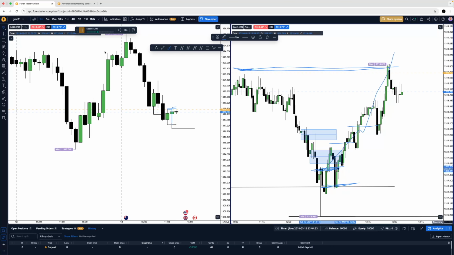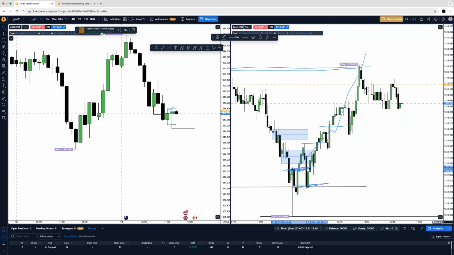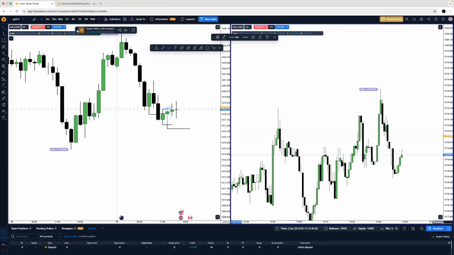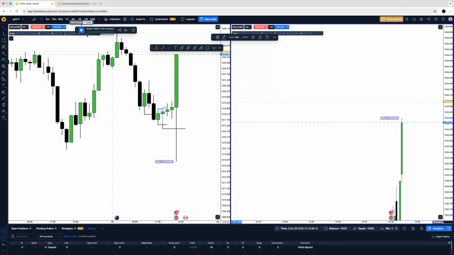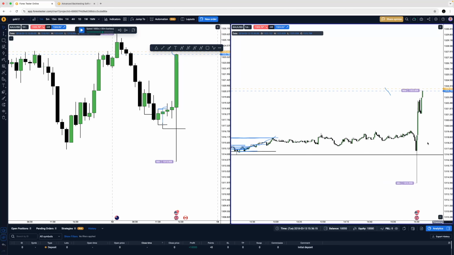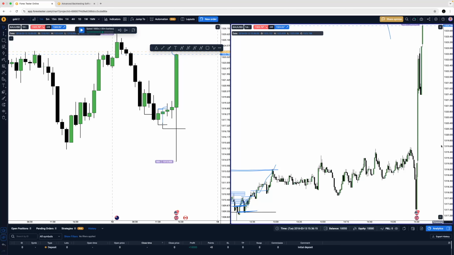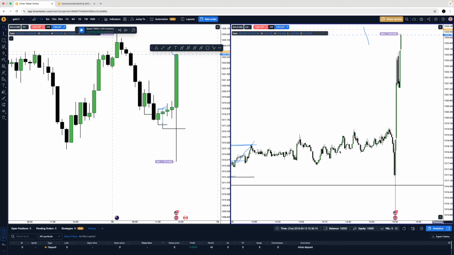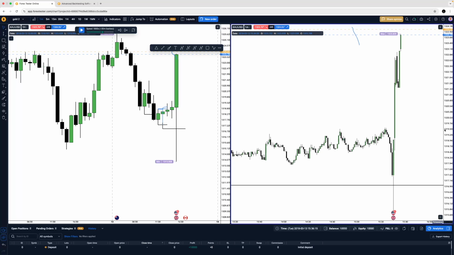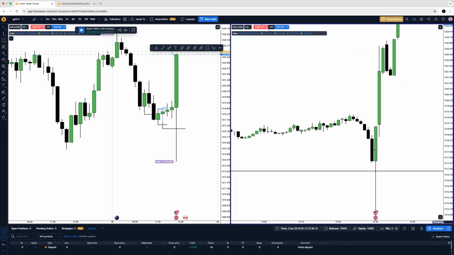So let's move and see how that move behaved when price manipulated that low again. You can clearly see this was very, very quick. Let's look. We have another rejection here. Obviously, you could have taken profit here, and then if you spot this one, it is the engulfed version of the rejection.